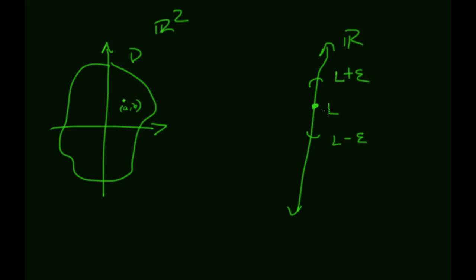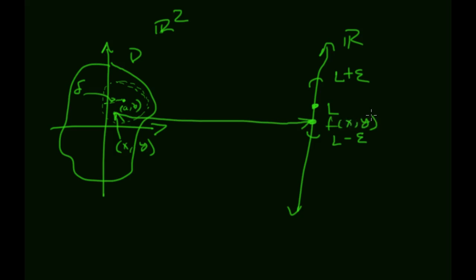And the argument is, can I stretch a ball around (a, b)? Like in R2 it's just a circle, right? That has a radius delta. So can I pick a delta so that every time I have a point inside here, let's call this (x, y), that point is going to map by f into something that's in this range between L plus epsilon and L minus epsilon.